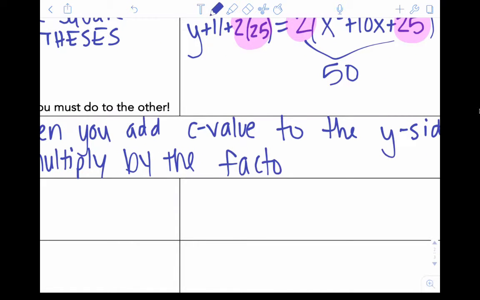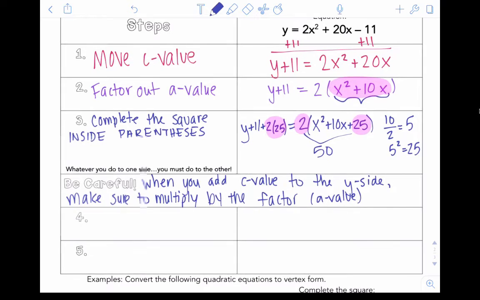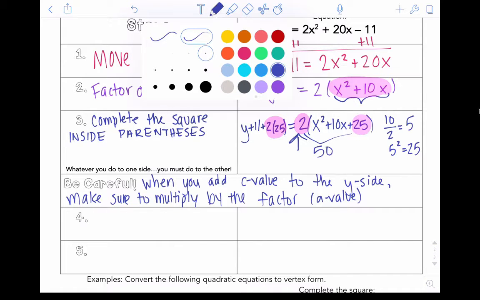That factor is that a value originally from your equation. So make sure you multiply by that number out front. All right, moving on to step number 4.